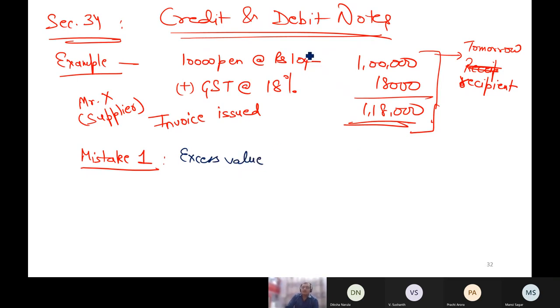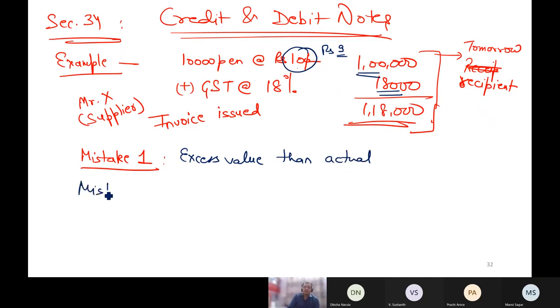After the invoice is raised, I found that the pen was not of rupee 10, it was only rupee 9. But by showing it as rupee 10, I have shown excess value. Because of this, my tax to be given to the government will be high. Excess value is shown, then actual value. This is one mistake. So the tax payment will be more.